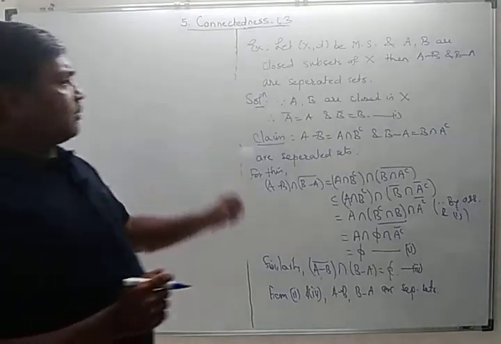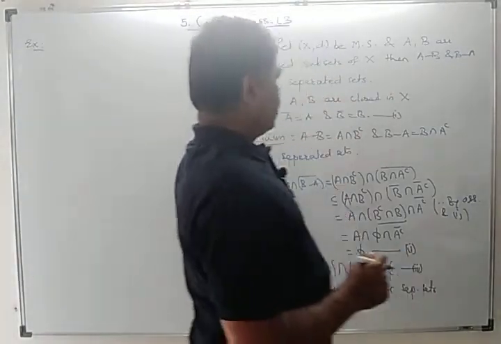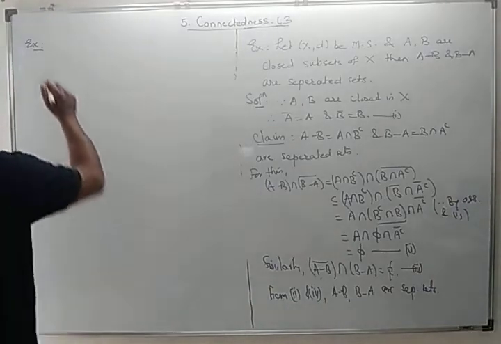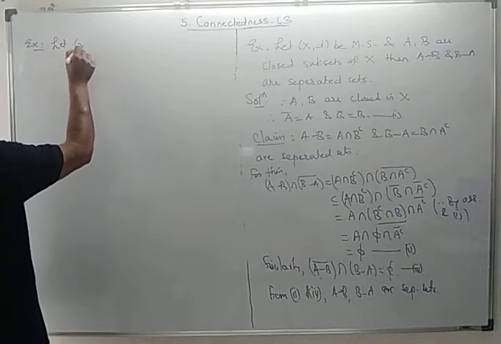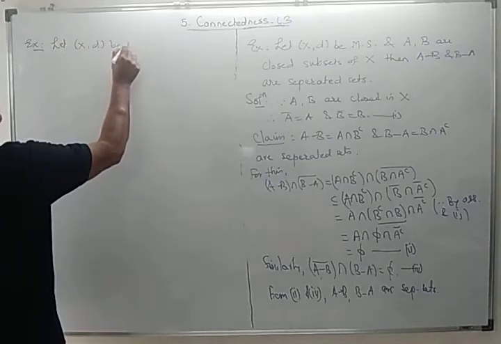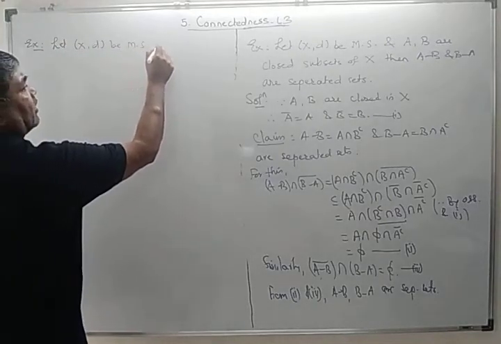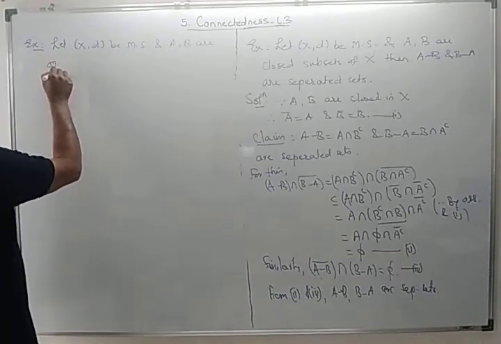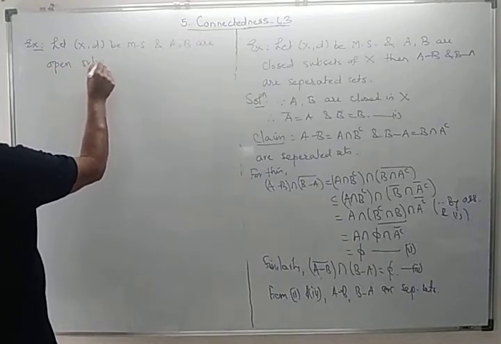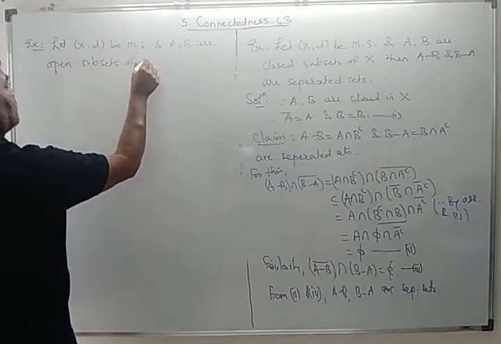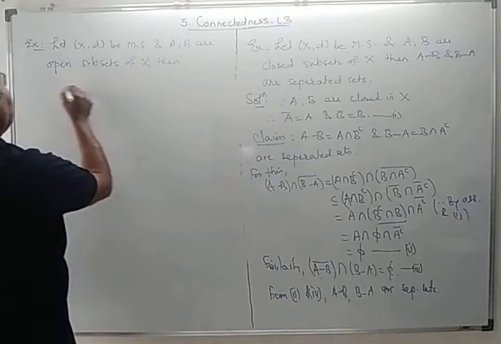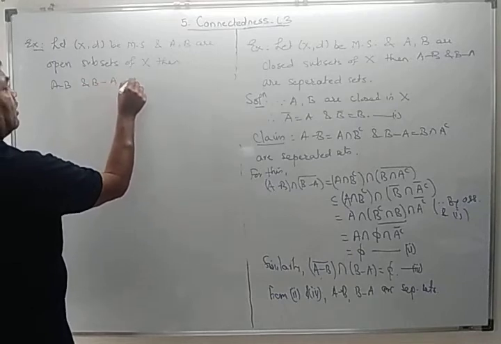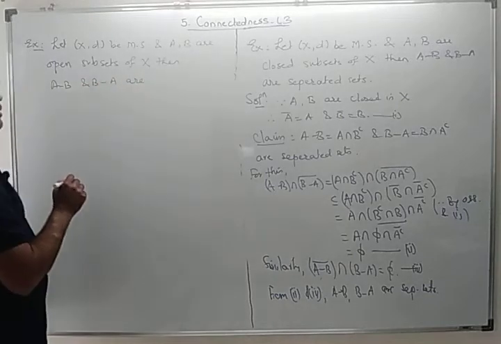Instead of closed subsets, if we take open subsets, then A minus B and B minus A are also separated sets. So let (X, d) be a metric space and A, B are open subsets of X, then A minus B and B minus A are separated.